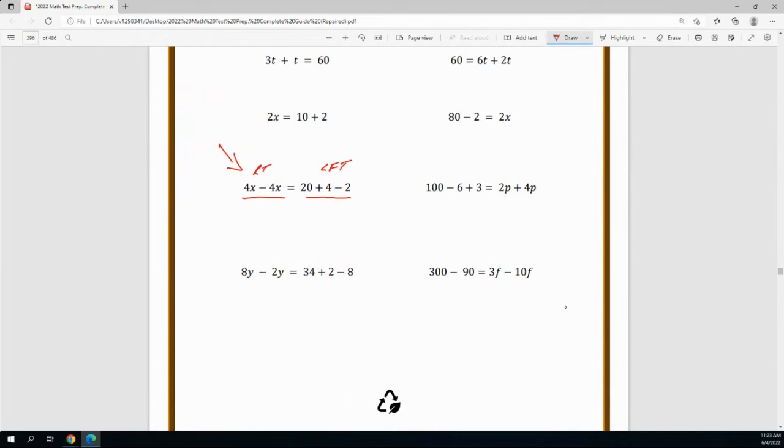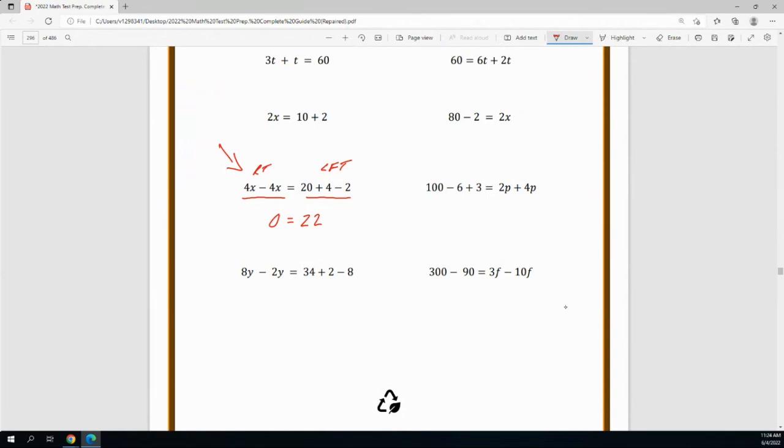If you have 4x and you take 4x, that's going to leave me 0. And 20 plus 4 is 24. Take 2 is 22. Look at what you're left with: 0 equals 22. No, that's not true. So this is a no solution. There's no solution to this answer. This one cannot be solved.